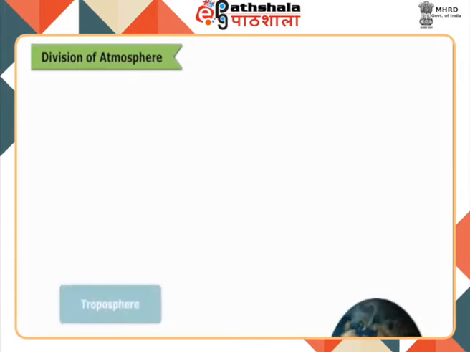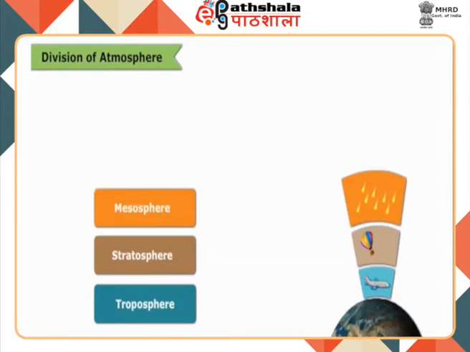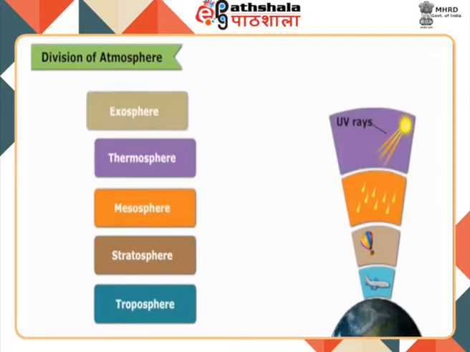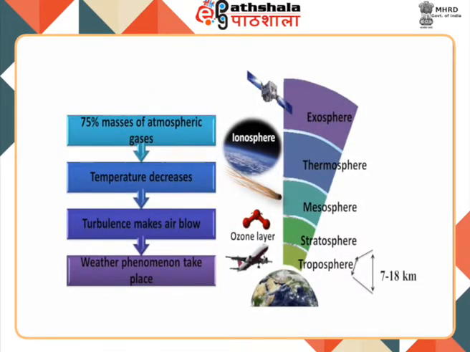These layers are the troposphere, stratosphere, mesosphere, thermosphere, and exosphere. The first layer, the troposphere, ranges up to 7 or 18 kilometers, 7 kilometers at the equator and 18 kilometers at the poles. This layer has 75% of the mass of atmospheric gases.